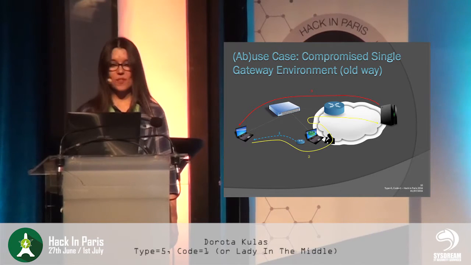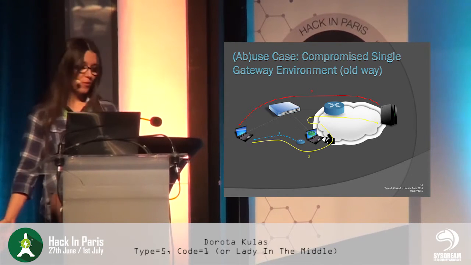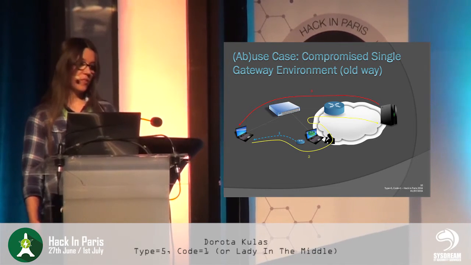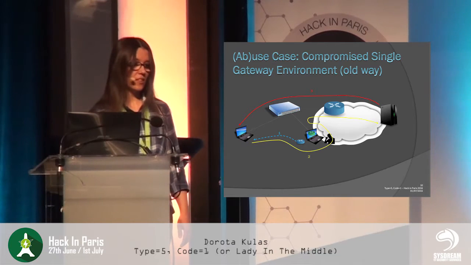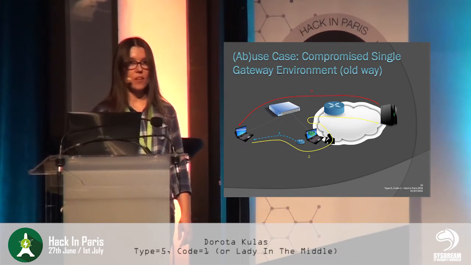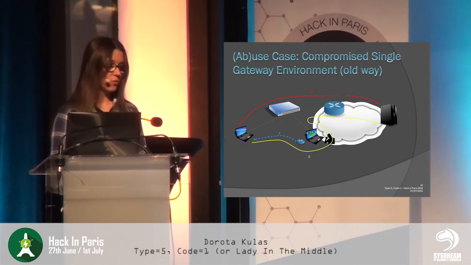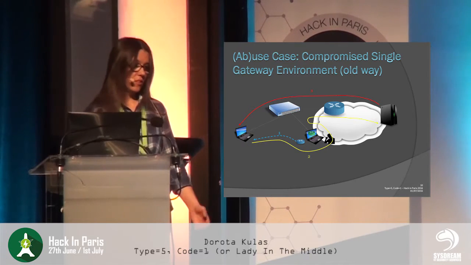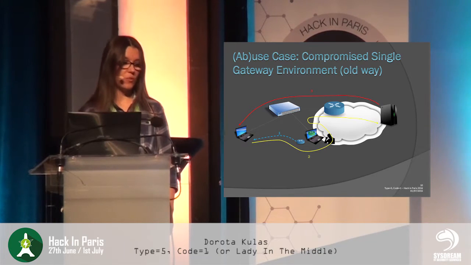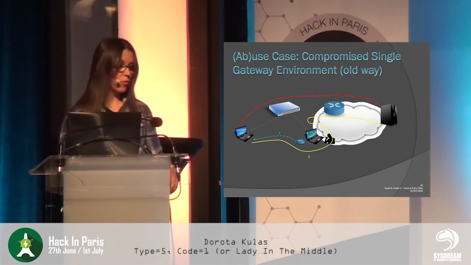And some really creative people thought that we could abuse that functionality. They thought, how about we send an ICMP redirect message to the user, claiming that we are this blue router.